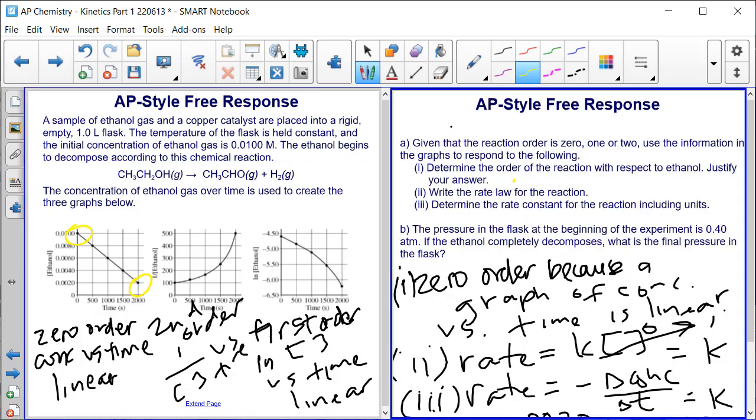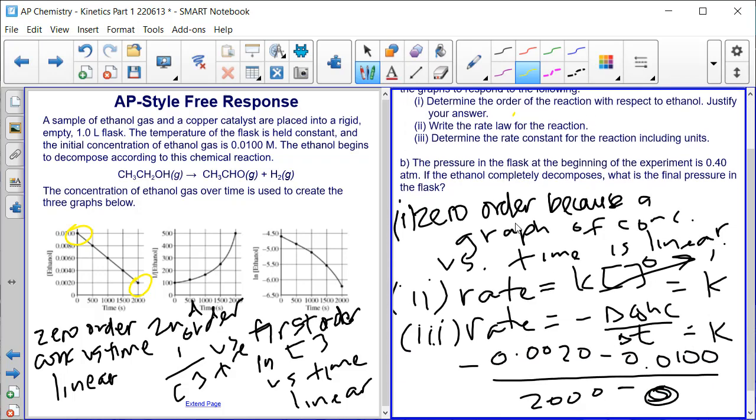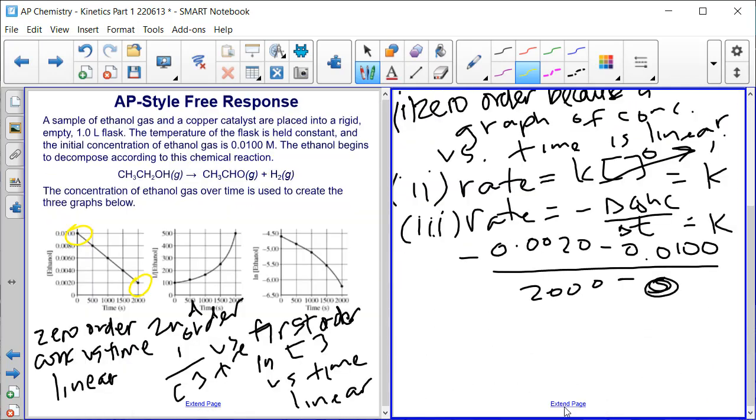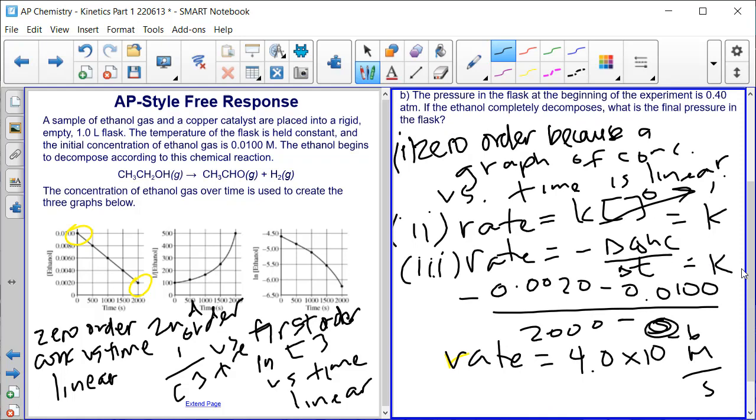So if we solve for this, we get 4.0. So the rate, let me switch pen colors back. The rate is equal to 4.0 times 10 to the minus 6th molar per second. Okay? So there's part A, 1, 2, and 3.